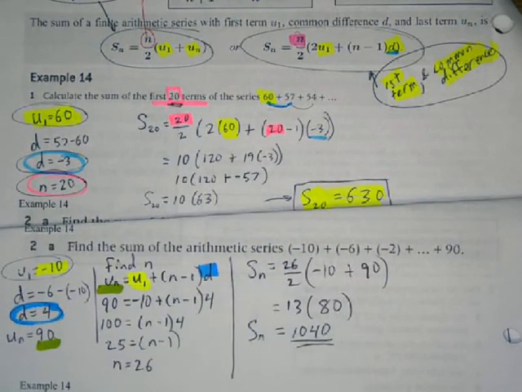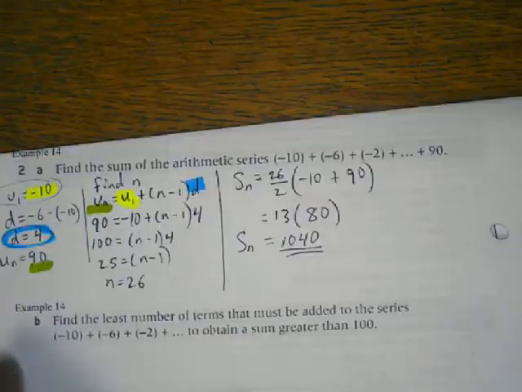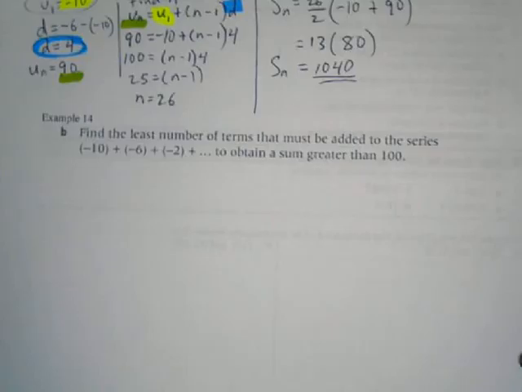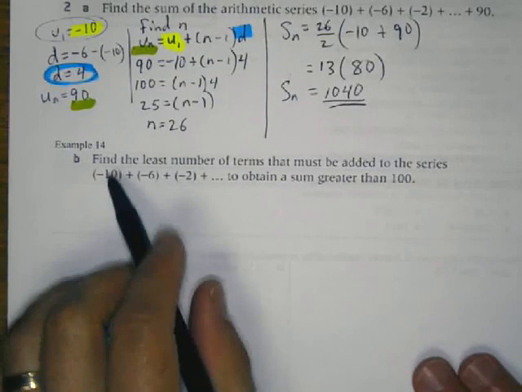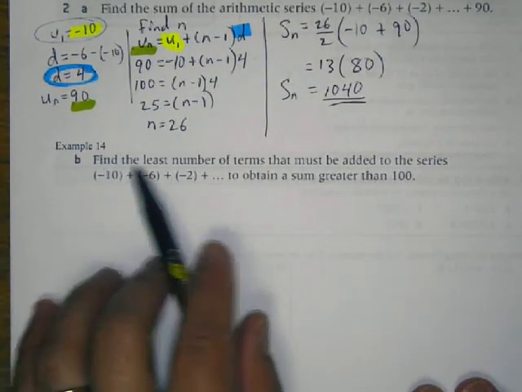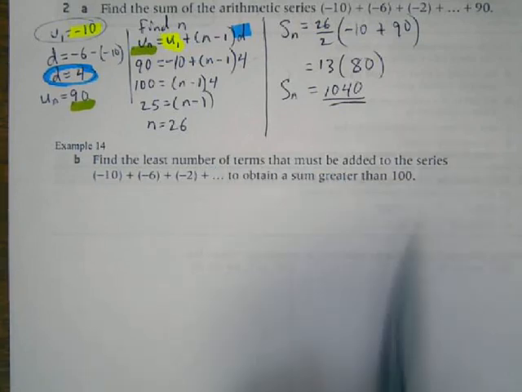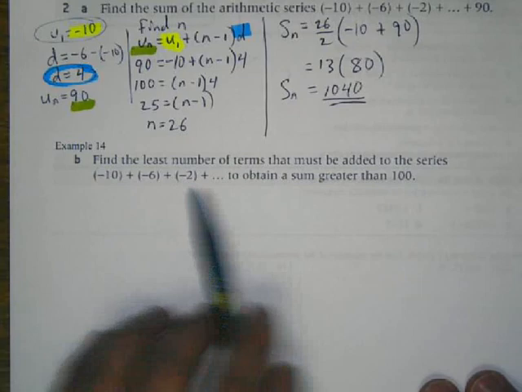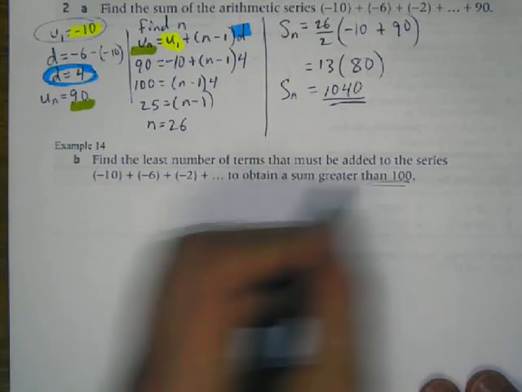Okay. Now, let's do this next question, 14b, a different way than some of us did in class in second and fourth period. Find the least number of terms that must be added to the series in order to get a sum greater than 100.